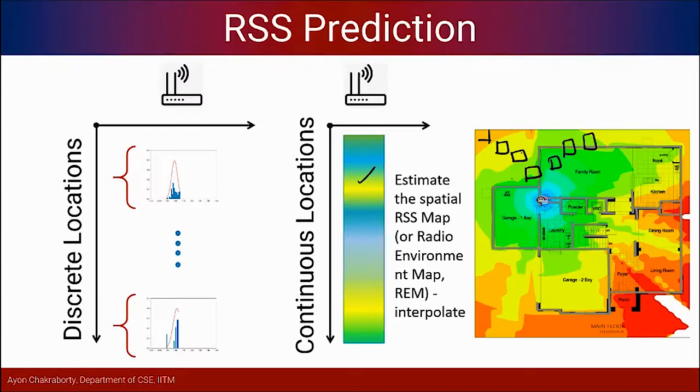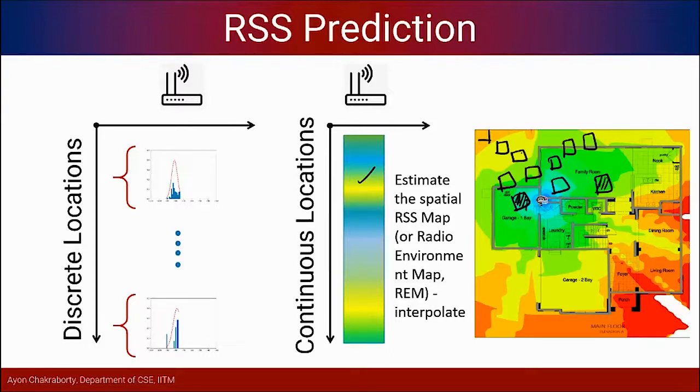But the problem is that if you have a certain set of locations where you have data and there are a certain set of locations where you do not have data, can we predict the distribution of the RSS in those places? So that when you try to do the location prediction, it might happen that your RSS belongs to some of the places where you do not have previously collected data from.